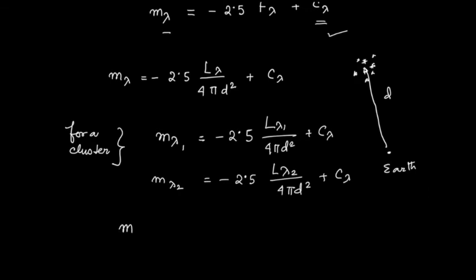So you see that the difference in the magnitude directly tells you about the ratio of the luminosity.